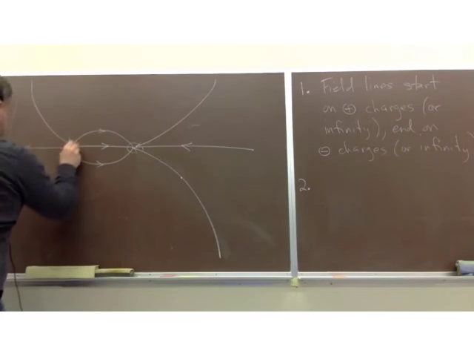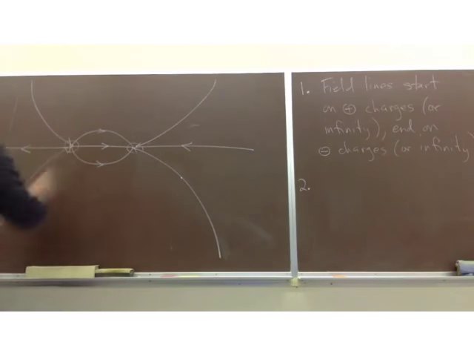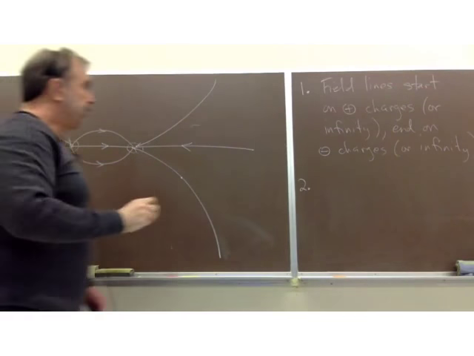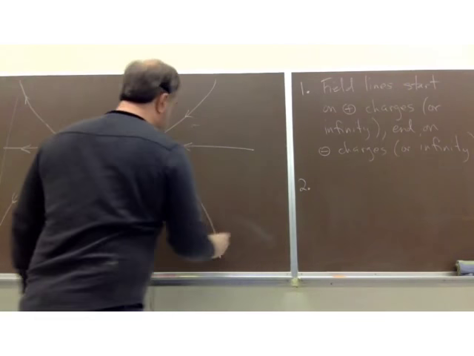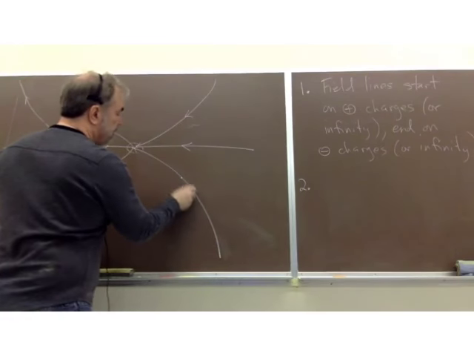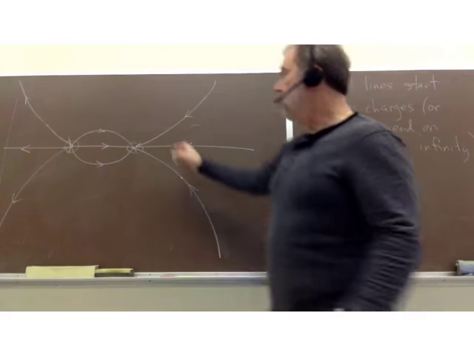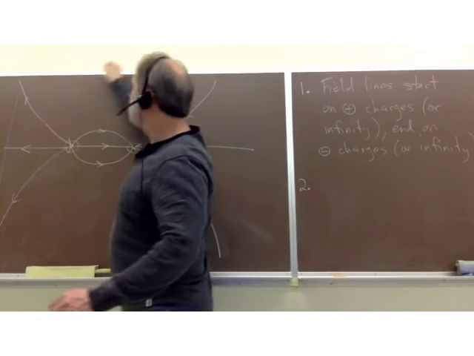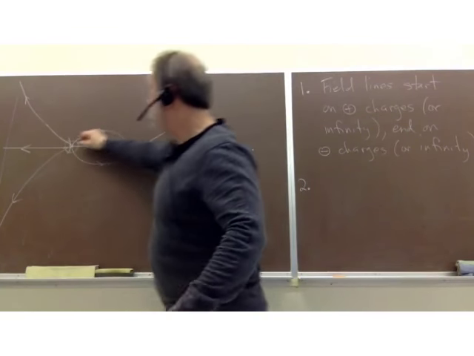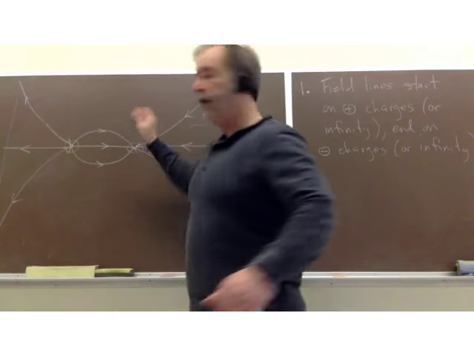I'll give you a secret. So, starting on the positive charge, going out to infinity. I'll tell you how I knew that things were going wrong: the next couple of field lines that I draw are going to curve around tightly enough that they start on the positive charge and end on the negative charge.